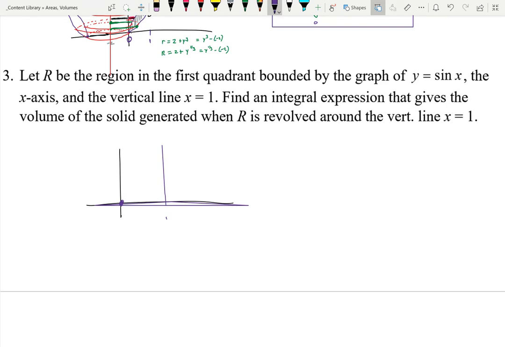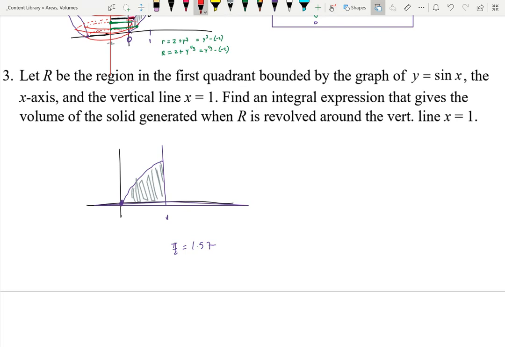So it's going to, I guess, do something like this. The sine would reach its peak at pi over 2. Pi over 2 is about 1.57, so 1 is not quite there yet, so it's still on its way up. So that is the region bounded by sine of x, the x-axis, and the vertical line x equals 1.